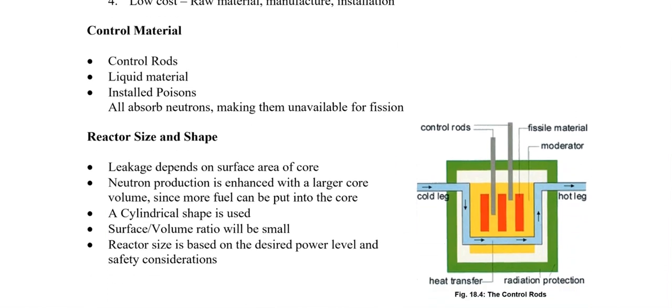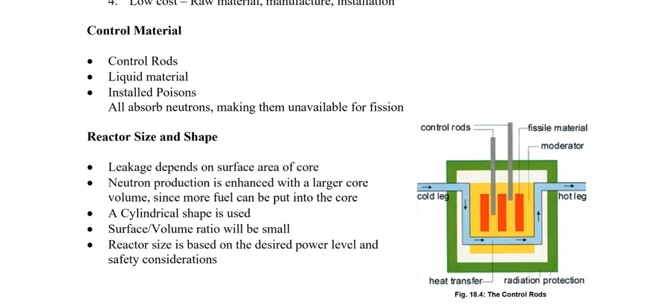One of the major components of a nuclear reactor is also the control rod. So what does the control rod actually do? The control rod controls the reaction in a reactor.